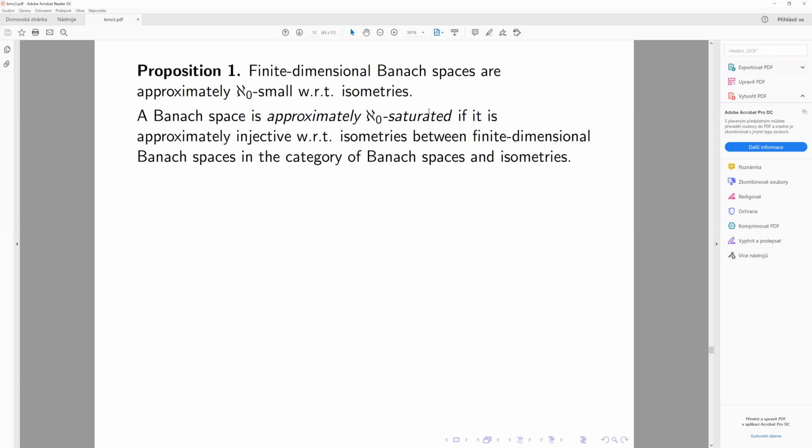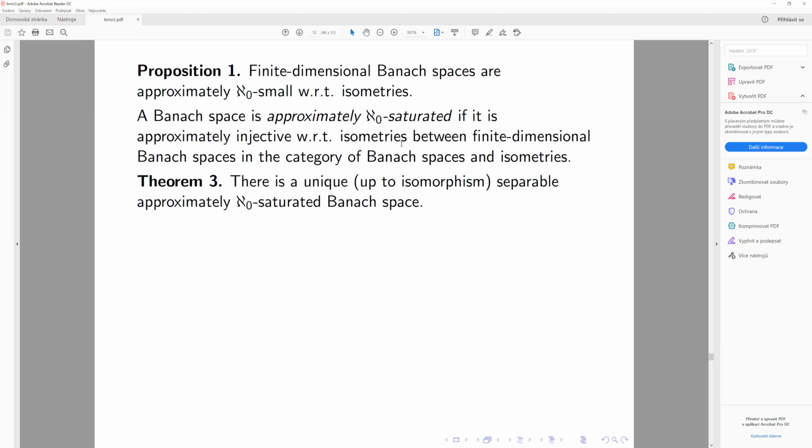Again, I see people doing Banach theory don't use this terminology, but they have different names for this. And now this is the main result: there is a unique up to isomorphism separable Banach space which is approximately RF0 saturated. So that's known, but I will connect it with known things.